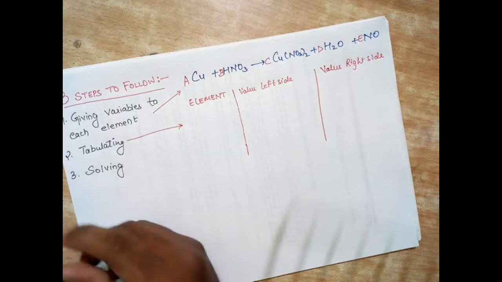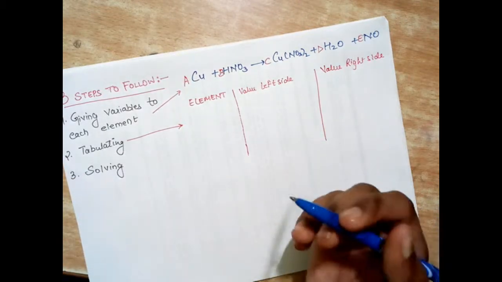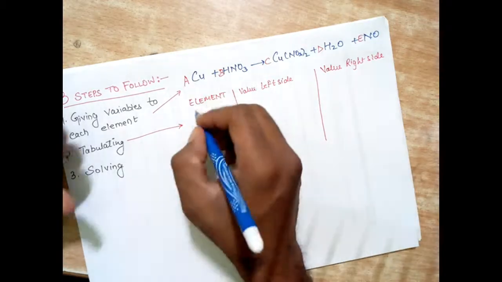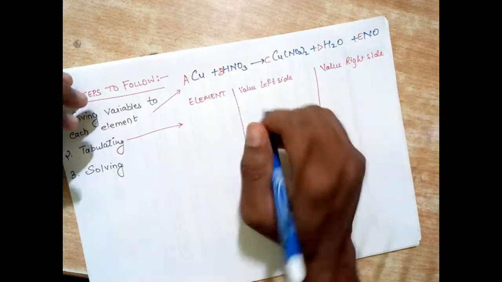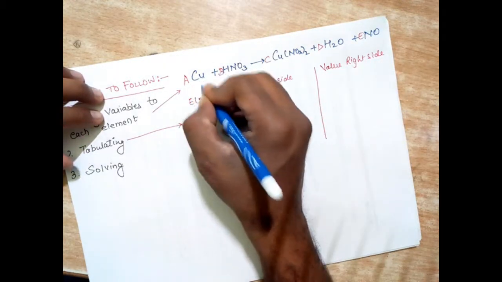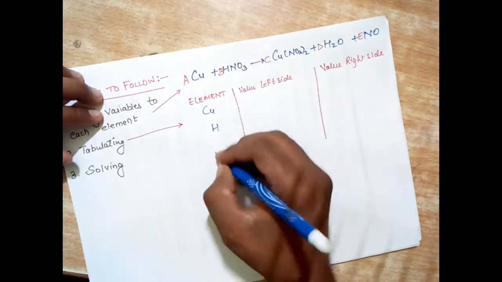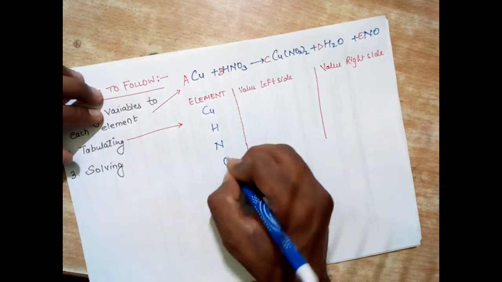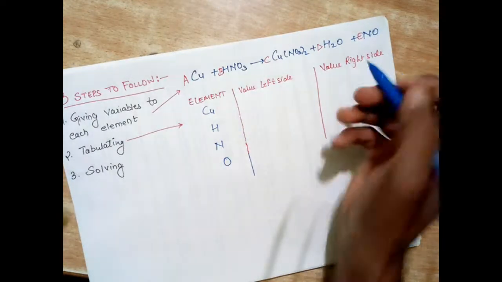As you can see, I'm going to fill this table and you'll understand. In this column I'm going to choose elements as per the equation. The elements present over here are copper, hydrogen, nitrogen, and oxygen. Only these are present on the right hand side too, it's obvious.